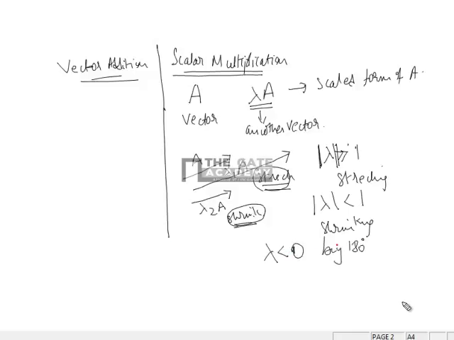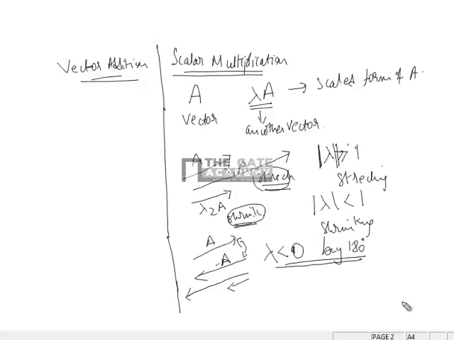For example, if lambda equals minus 1, I will get minus A, which will look like this. I can change the direction by 180 degrees and stretch it, or change it by 180 degrees and shrink it.